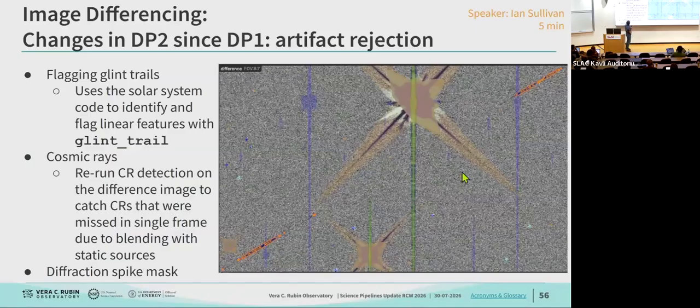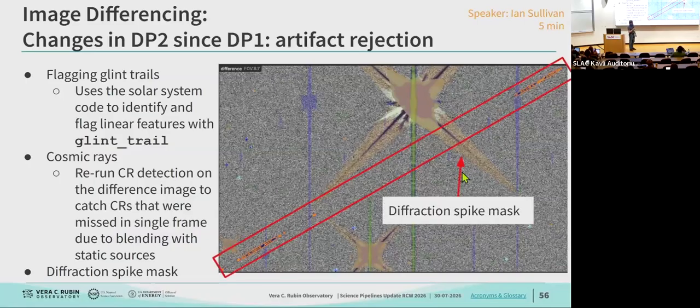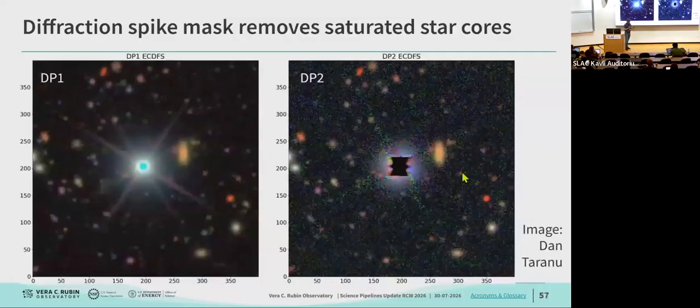And a final one that I wanted to highlight, and I'll talk a little bit more about, are the diffraction spike masks. So first, you're highlighting that glint trail, and then also around our bright stars, you see these diffraction spikes. Masking out the diffraction spike has a few benefits. It also does introduce some new complications.